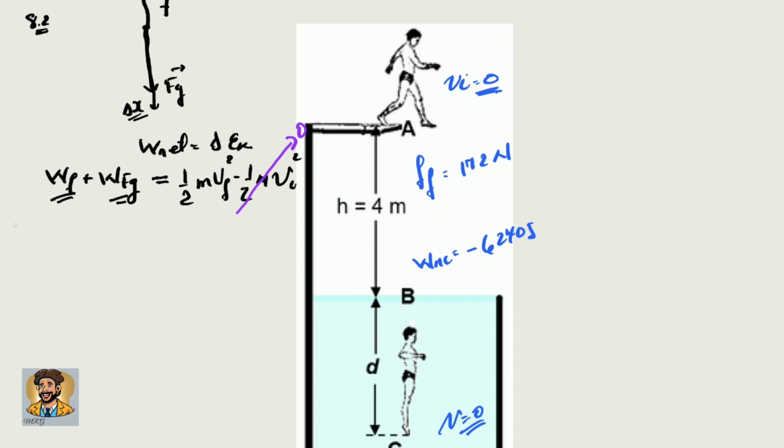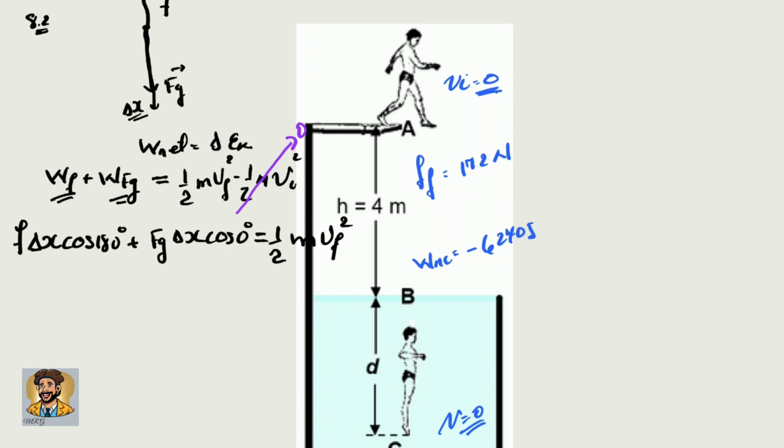The work done by friction will be the product of the frictional force, let's write just a small f, friction, multiplied by the displacement multiplied by the cosine of 180 degrees, plus the work done by gravitational force, which is gravitational force times displacement times cosine of 0 degrees, is equal to half mass final speed squared. That is what we have.